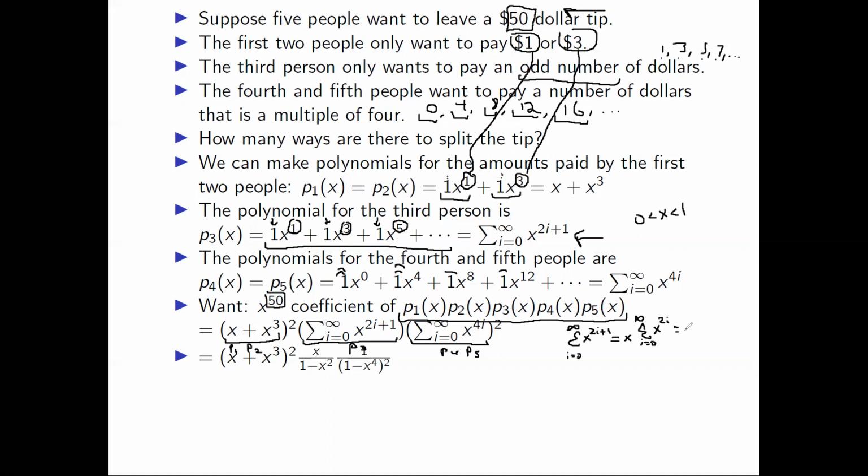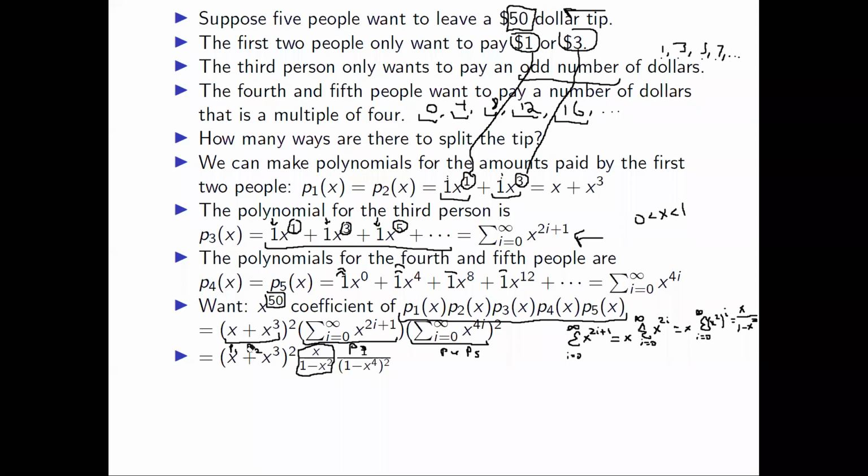And we can write that as x times the sum i equals 0 to infinity of x squared to the i. And then we can simplify this to x over 1 minus x squared. Okay, and that's how we got this term right here.